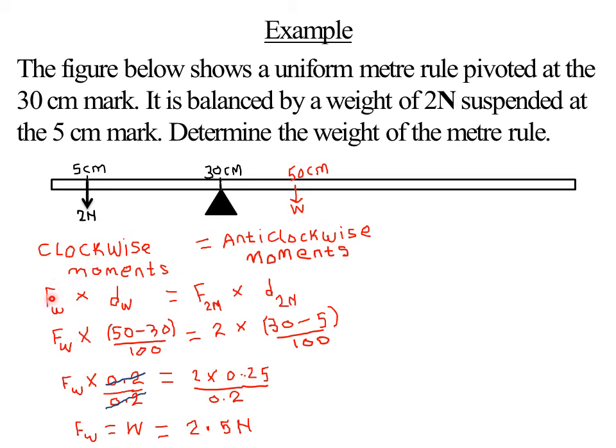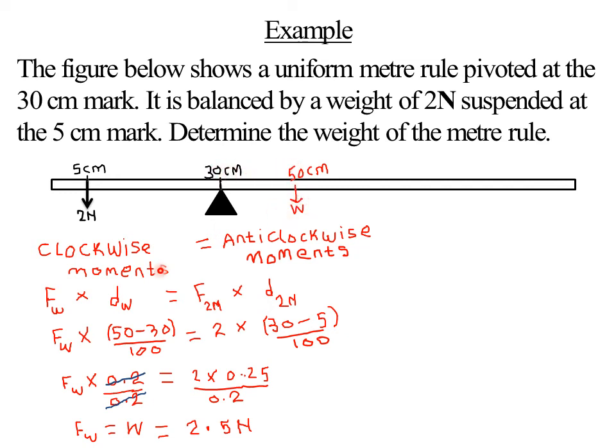If we take the force times the perpendicular distance of that weight from the pivot, it will give us the clockwise moment. So it will be the force due to the weight times the perpendicular distance from the pivot to the weight. We have 50 minus 30, which is the perpendicular distance of the weight from the pivot.